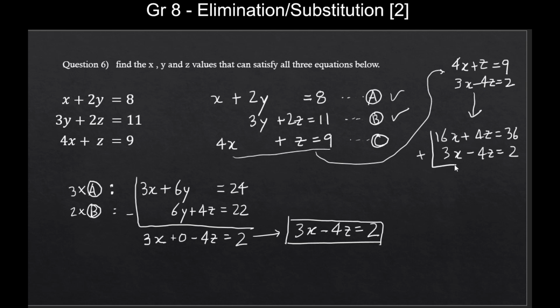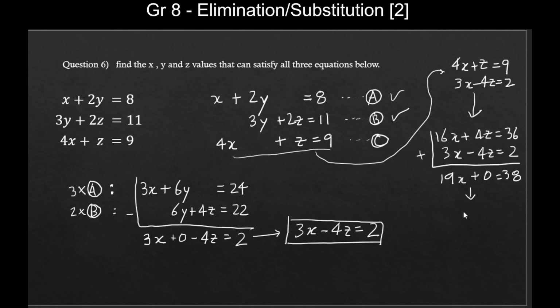In order to eliminate z. So 16x plus 3x, that is 19x. 4z plus 4z, that is plus 0. And lastly, 36 plus 2 is 38.